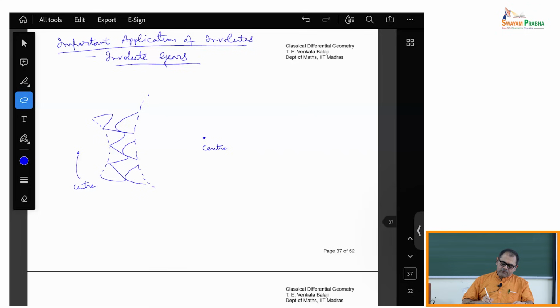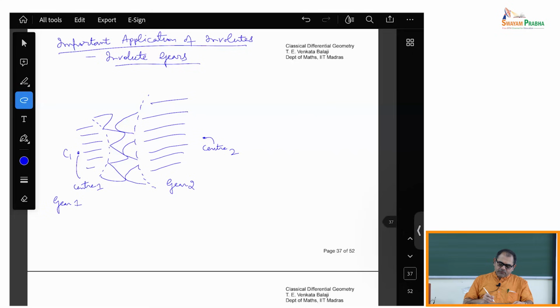So the idea is that this is gear 1, and this is center 1, C1, and this is center 2, and this is gear 2. And of course the idea is that if this gear turns like this, then it will push this gear in this direction.